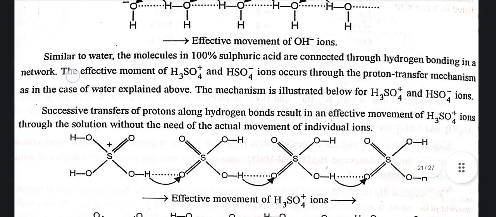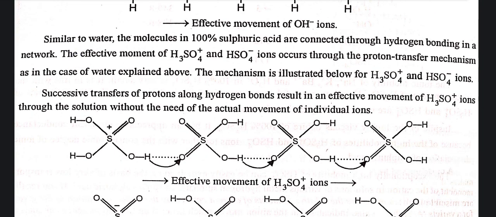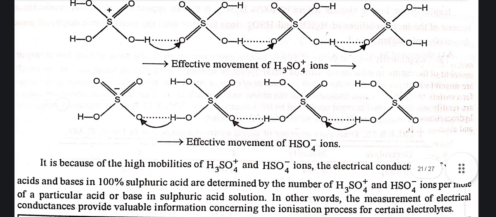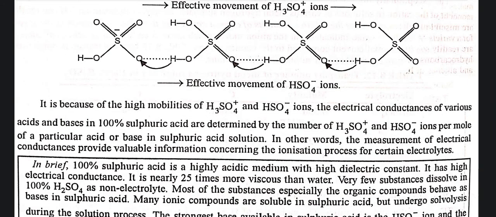Successive transfer of protons along hydrogen bonds results in an effective movement of H3SO4+ ions through the solution without the need of the actual movement of individual ions. It is because of this that H3SO4+ and HSO4- ions have high mobilities.